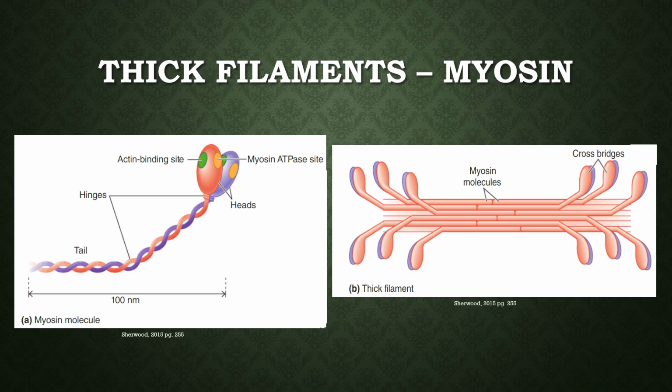A thick filament is made up of myosin molecules lying lengthwise parallel to one another with their tails oriented toward the center of the filament and their globular heads protruding outward. And this is seen in image B here, which is the thick filament, and you can also see where it displays the cross bridges at the globular heads.